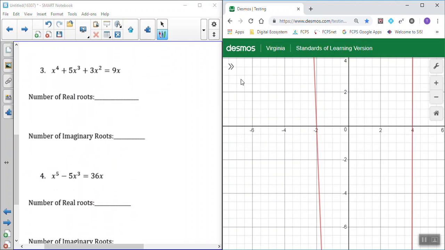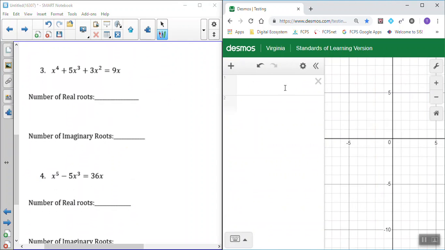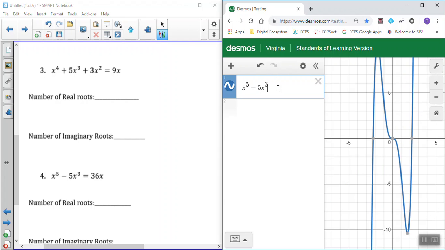Let's try number 4. If you're asked for the type of roots, you're just going to plug your function in here. When we are plugging the function here, we need to make sure to have it equal to 0 to be able to see the roots. So this is not equal to 0, but I can make it equal to 0 by taking this term over to the other side.